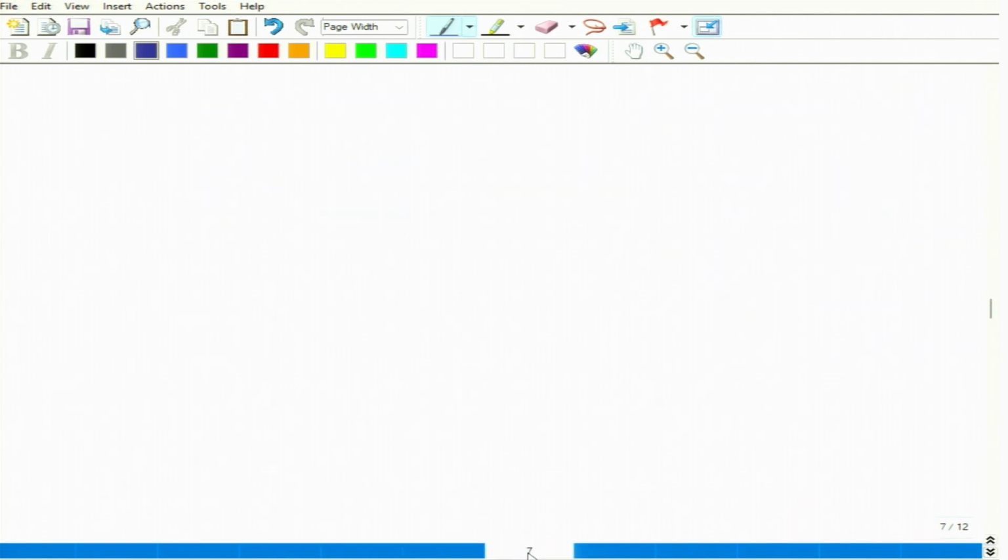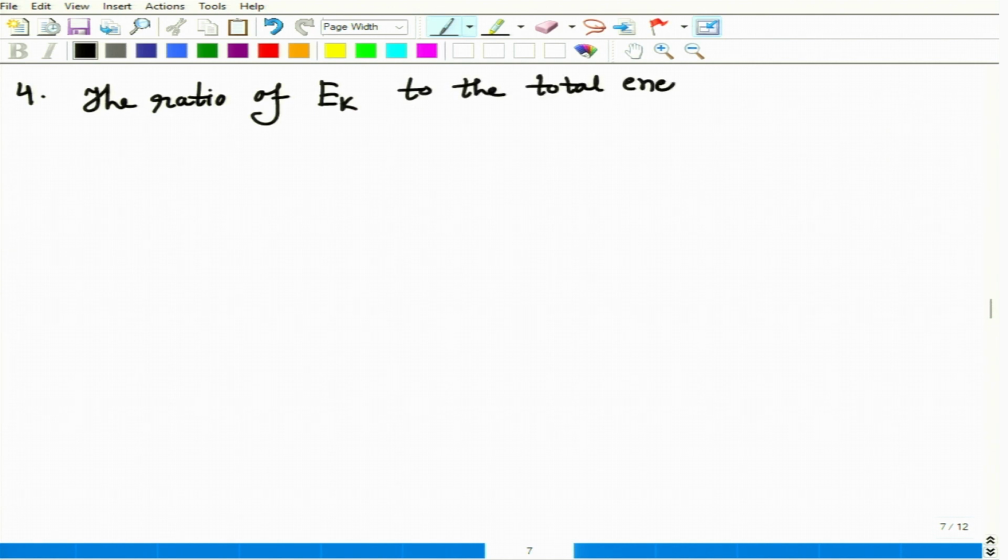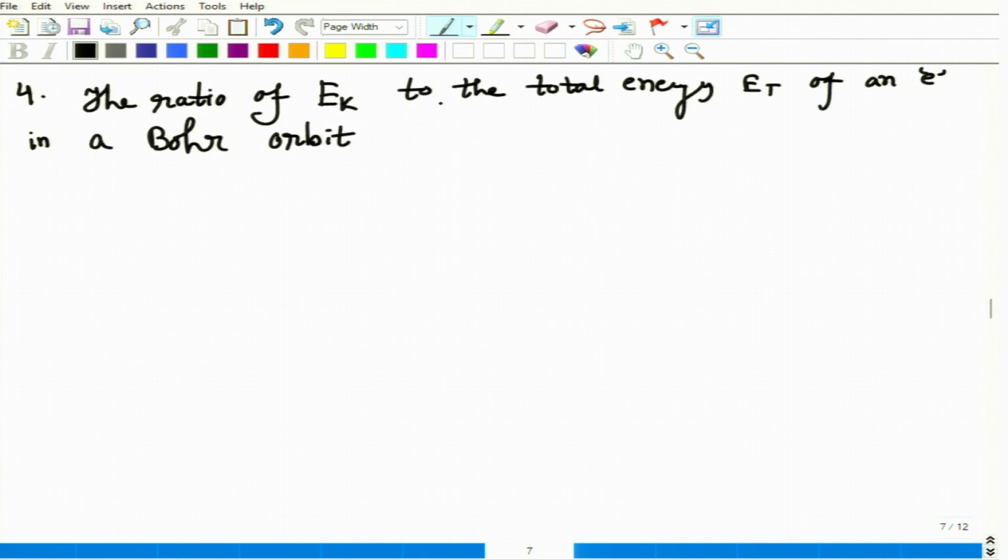Okay, so let me go to the other problem, the fourth problem. What is mentioned: the ratio of kinetic energy EK, let me write it, to the total energy ET of an electron in a Bohr orbit of hydrogen atom is, it's asked.